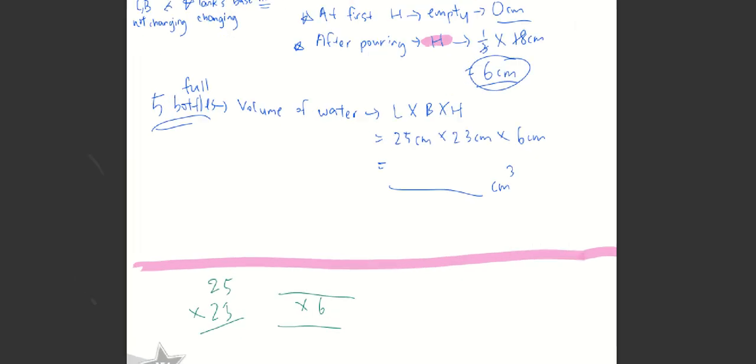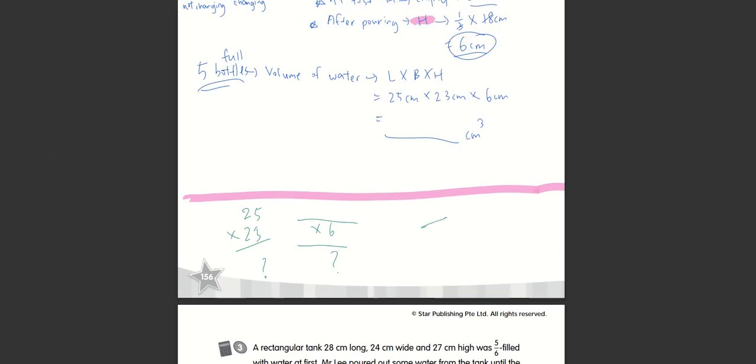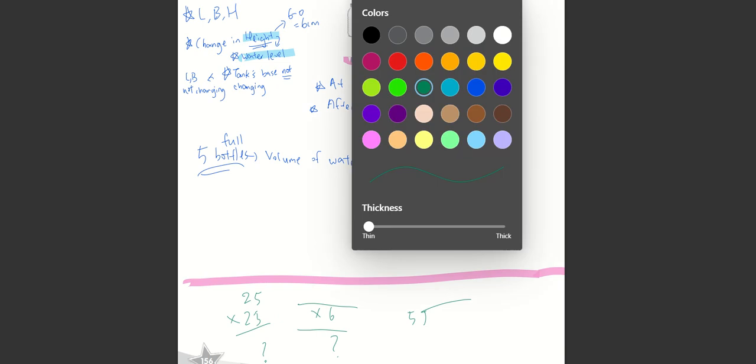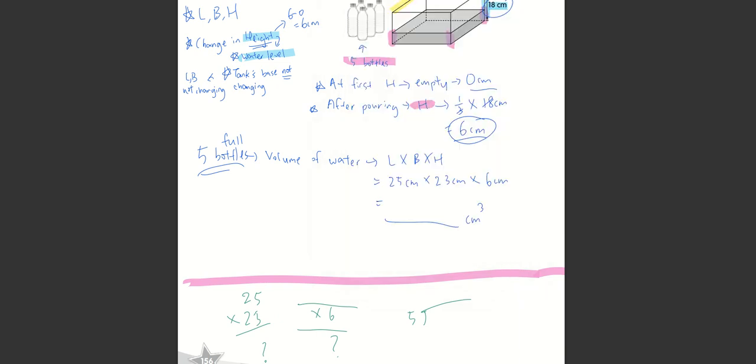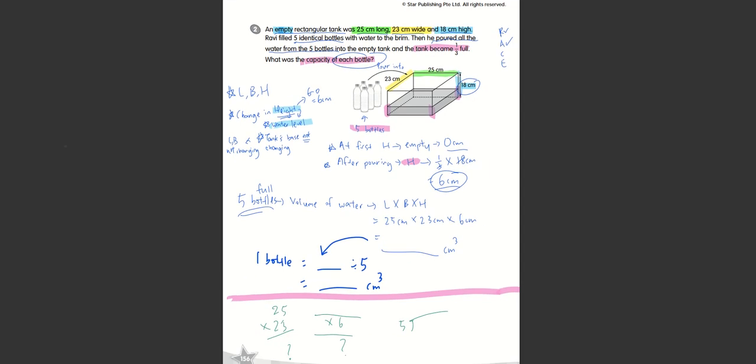This is for you to find out. For you to work it out, and the final answer divided by 5 for you to work it out as well. Here the final answer will be, I need to find 1 bottle, so that's the each. So it will be this amount here divided by 5. Don't forget, it should be in cubic centimeters. Okay, please solve this yourself.